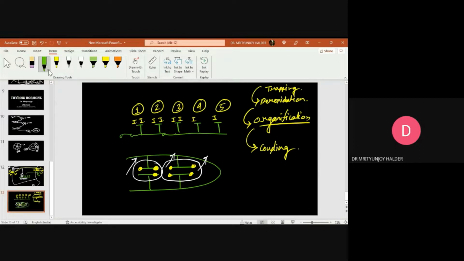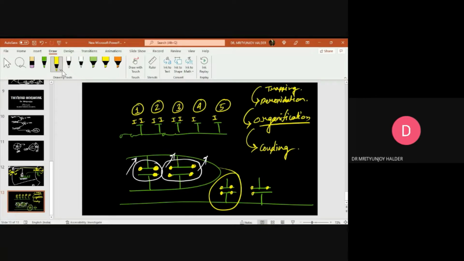Finally, in the chain, there are some cases where four iodine atoms are there, some cases where three iodine atoms are there. Now, when there are four iodine atoms, we call it T4 molecule, and when there are three, we call it T3 molecule.